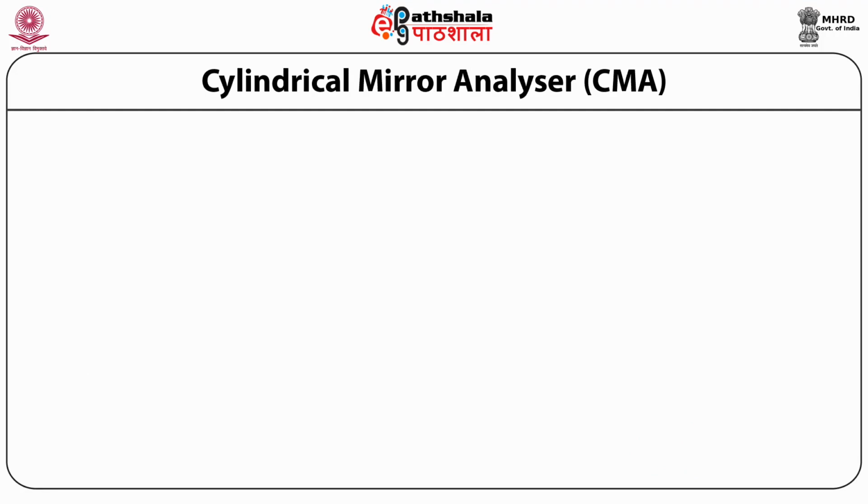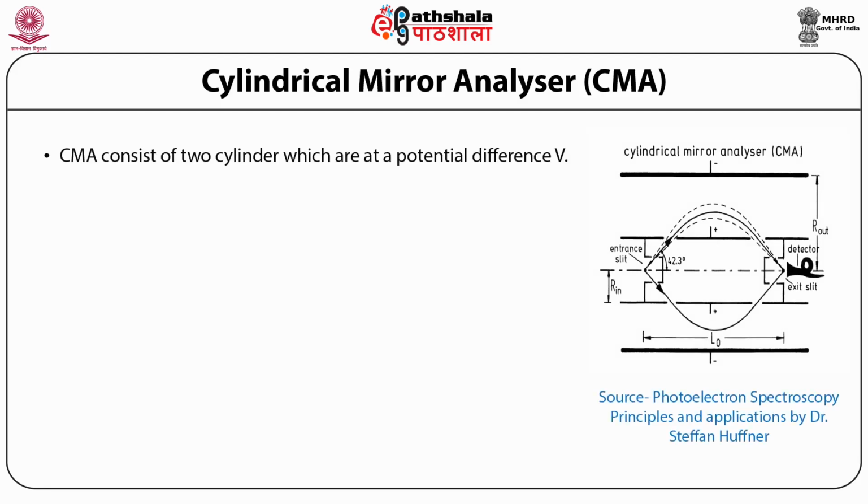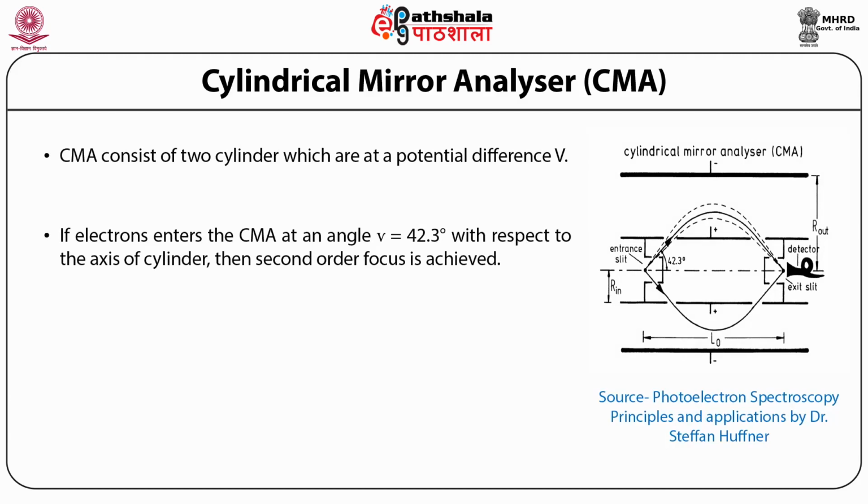Second is the cylindrical mirror analyzer, and we call it CMA. CMAs are advantageous over PMAs. They employ 2 theta geometry to overcome the low transmission with the PMA. A CMA consists of 2 cylinders, having a potential difference V between them. The entrance and exit slits are all contained on the inner cylinder.